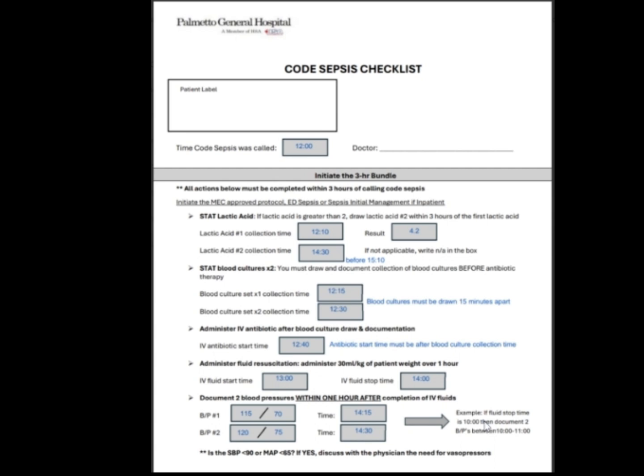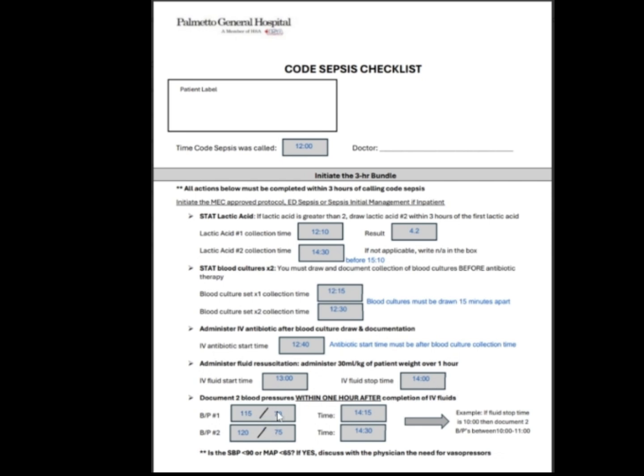For example, here you will see if your fluid stop time is at 10, then you must document 2 blood pressures between 10 and 11. For this example, we see that our IV fluid stop time was at 1400. So I must document 2 blood pressures between 1400 and 1500.